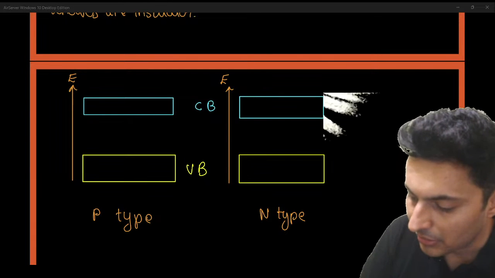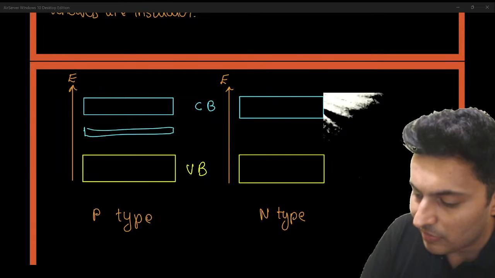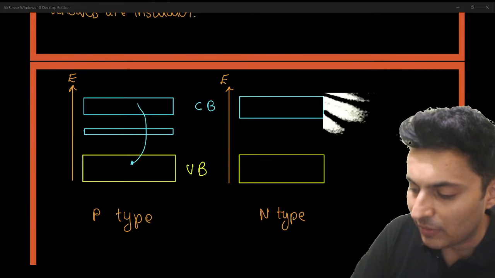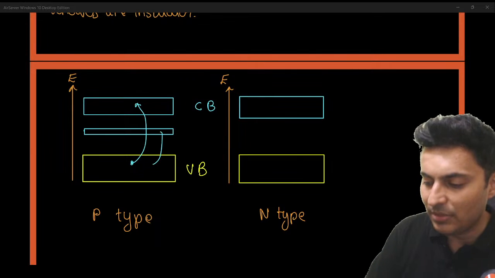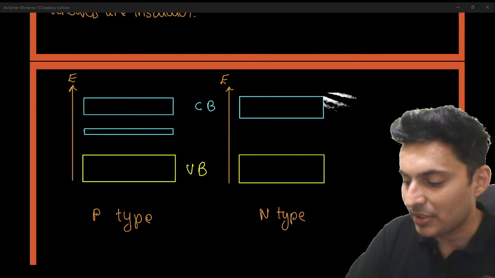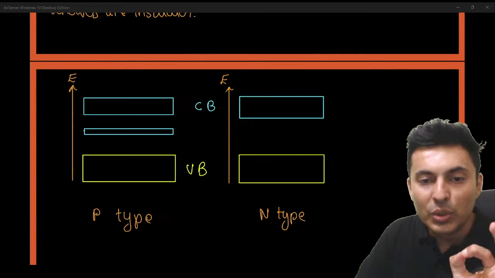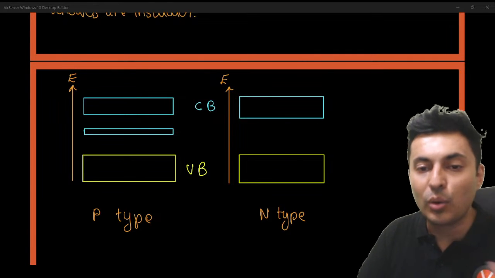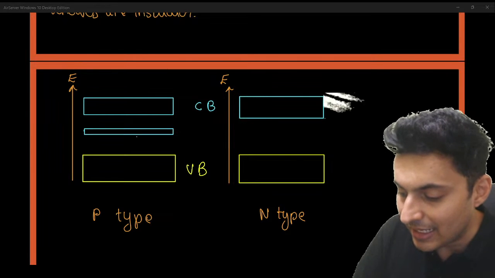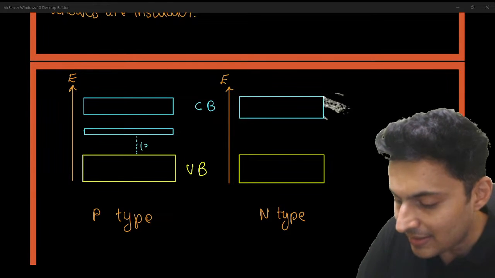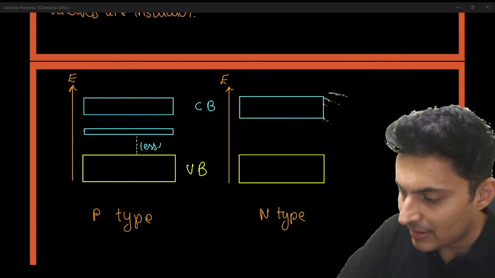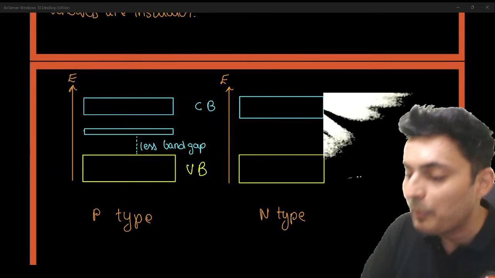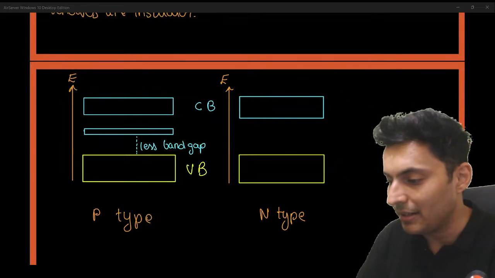This ensures that the electrons in the valence band don't have to jump till here. They can just jump till here to be available for conduction. This is due to the extra vacancy, the extra hole which is created. So there is a lesser band gap, which improves the conductivity of the material.